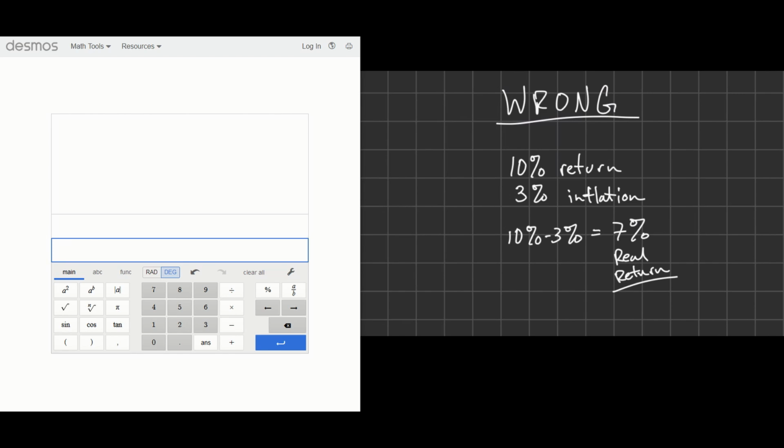This is actually incorrect mathematically because percentages don't always play nice in mathematics, so we can't always just do addition and subtraction with them. It might be close for a back of the envelope calculation, but if you really want to get the real value, we have to do something else.